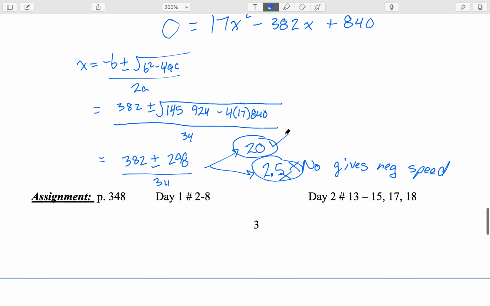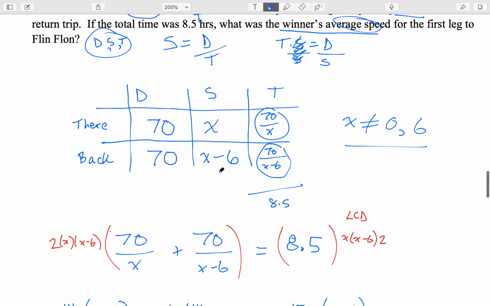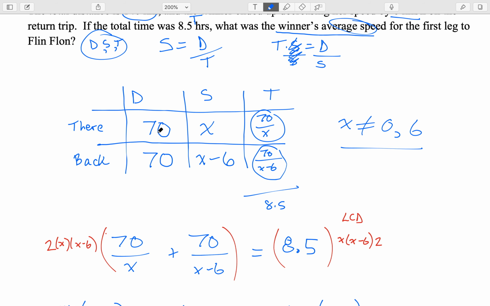So 20 kilometers an hour is her speed going there, and then coming back, it's going to be 14. Ah, that makes sense. So if this is 20, what's 70 divided by 20? So 7 divided by 2, which is 3.5. And then 20 minus 6, which is 14. What's 70 divided by 14? 70 divided by 14 is 5.